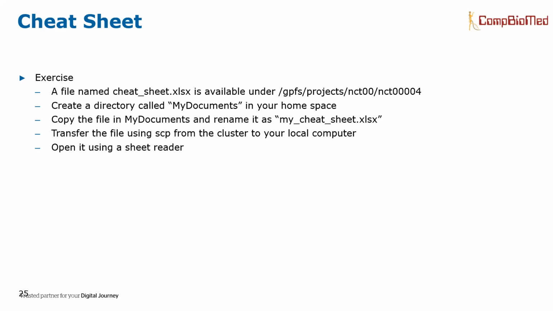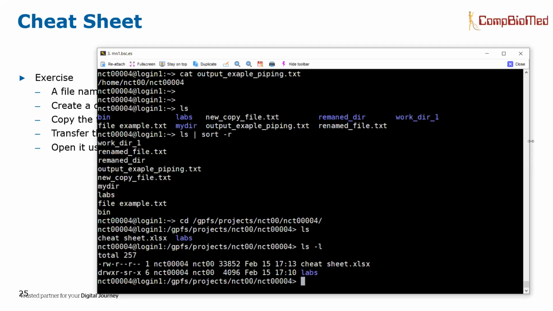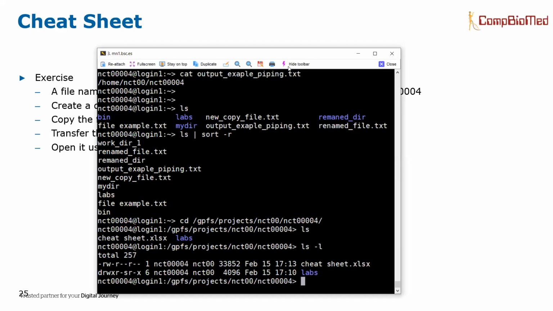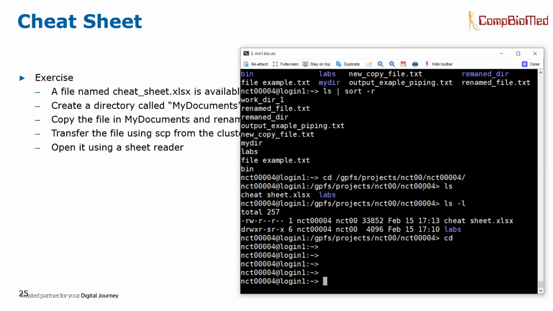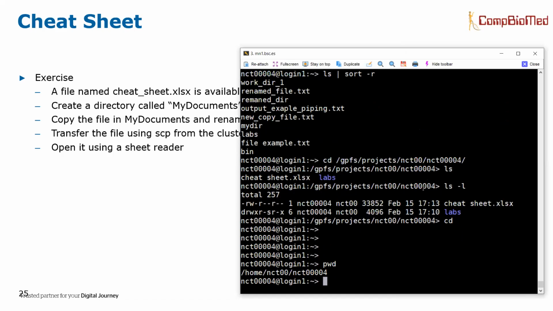So if we want to go a bit quicker, I can show you here how we can do that. It's just that we are running a bit out of time. So let's say that I am in my home directory.